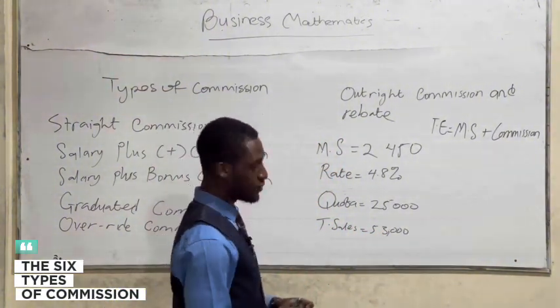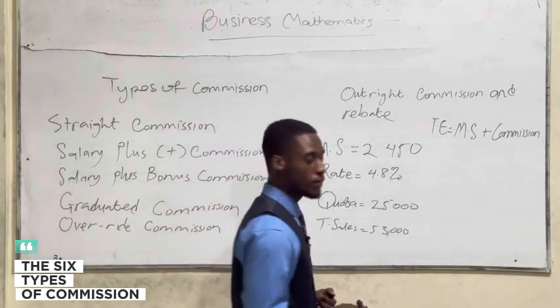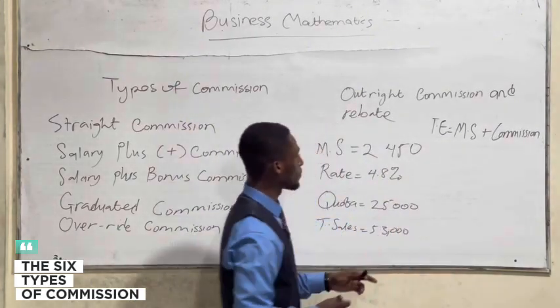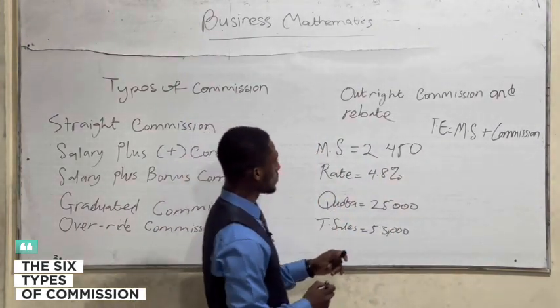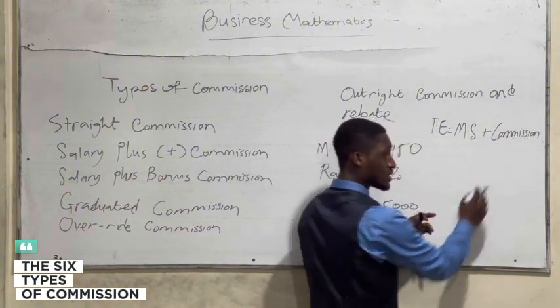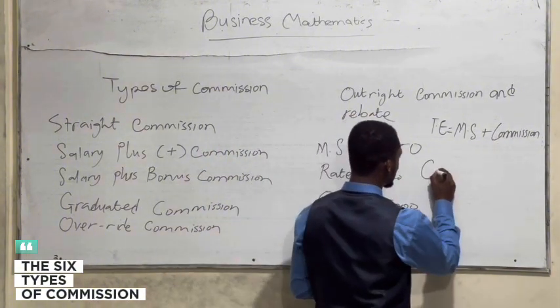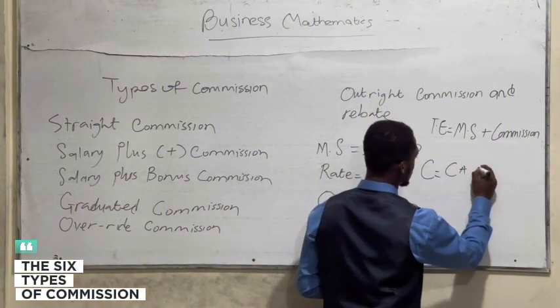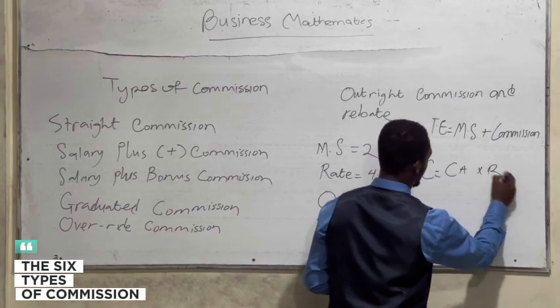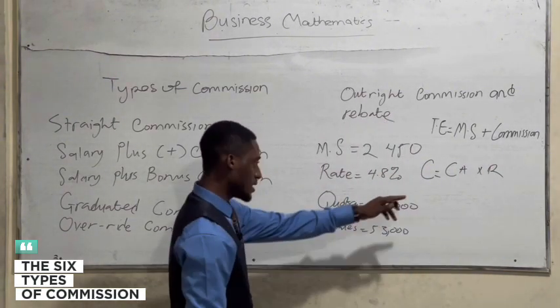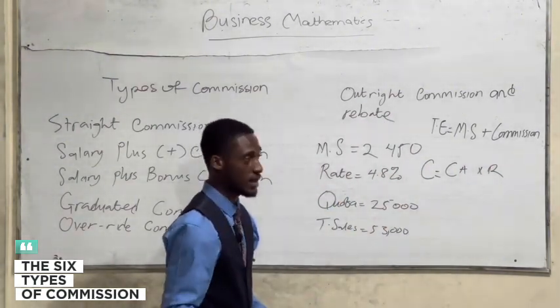So we have to first find commission here. So C is represented by CA, and CA is sales minus quota.